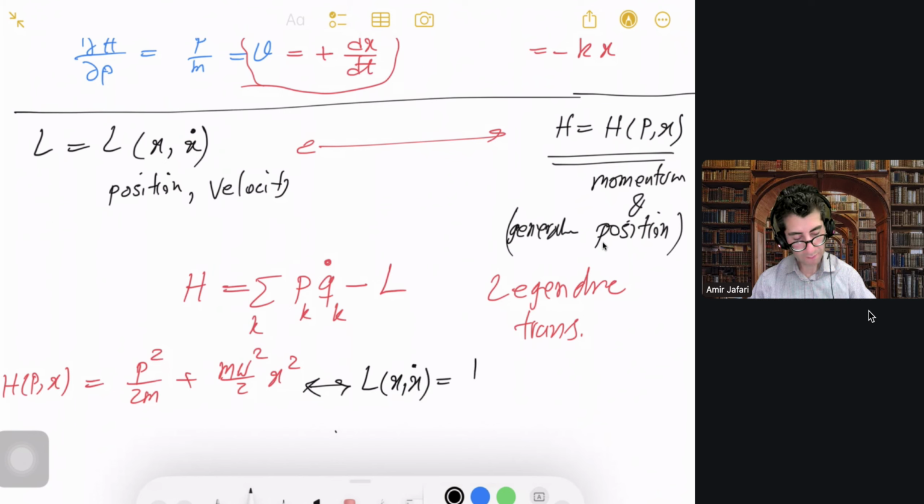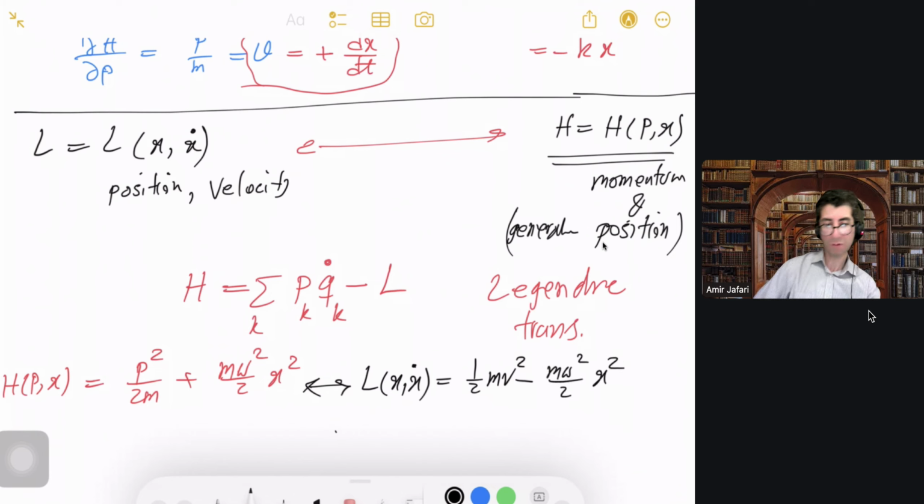It turns out that this is going to be m v squared minus m omega squared x squared, so there is a minus sign here, plus the fact that instead of momentum, you have velocity here.